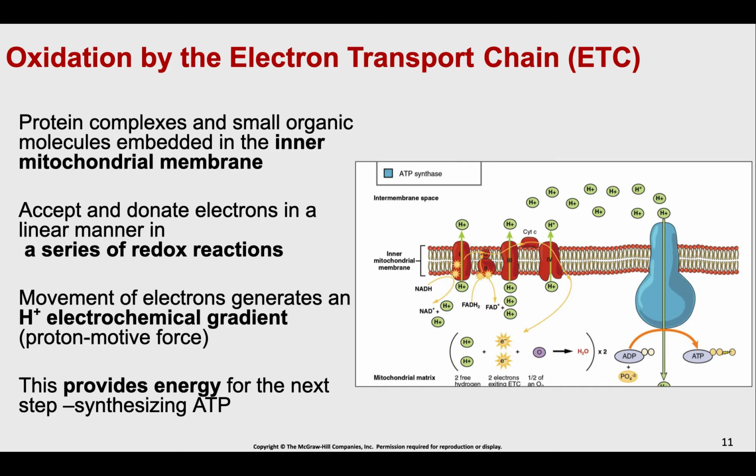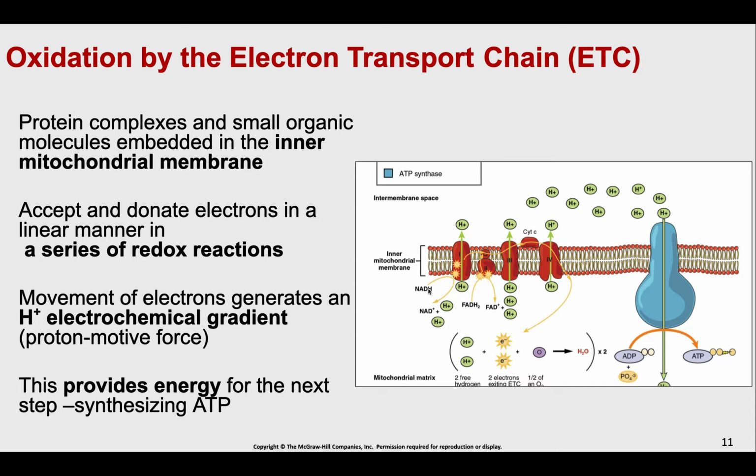So that is the final electron acceptor. Now in the process of shuffling these electrons across, we're actually setting up a proton gradient, or you can think of it as the hydrogen electrochemical gradient, often called the proton motive force. We're setting this up in the course of oxidizing NADH and FADH2.